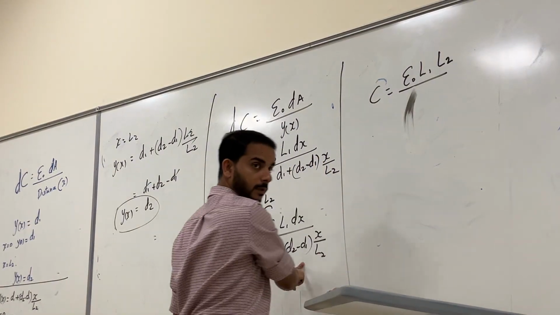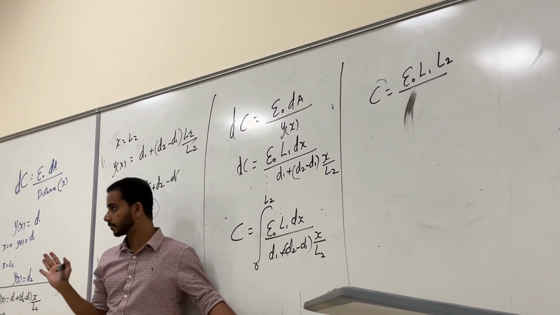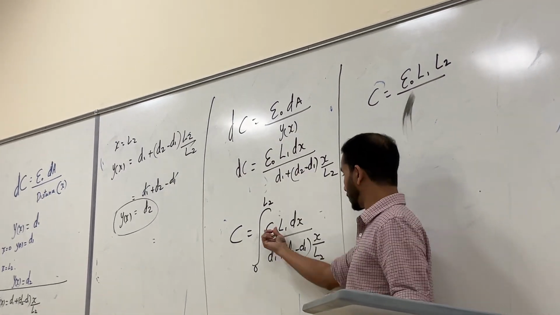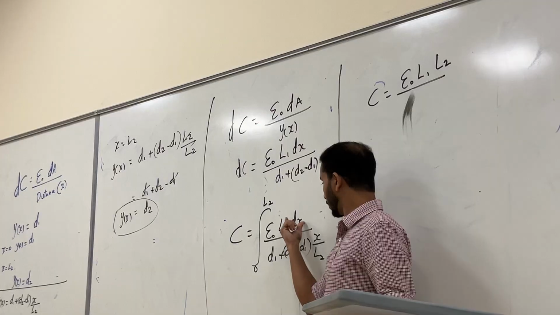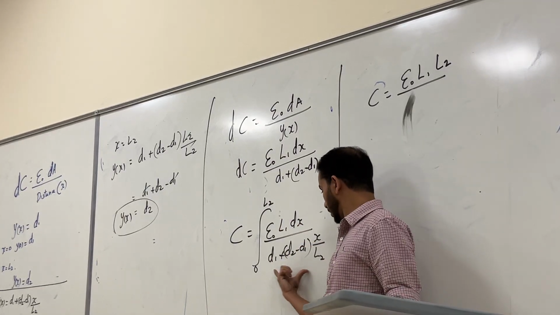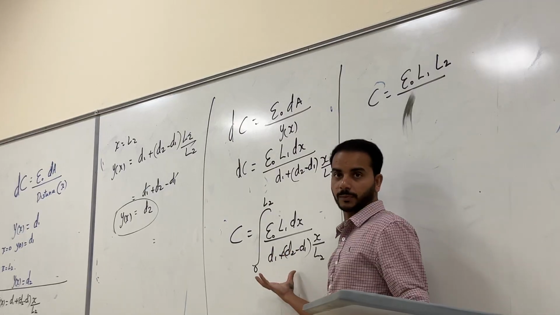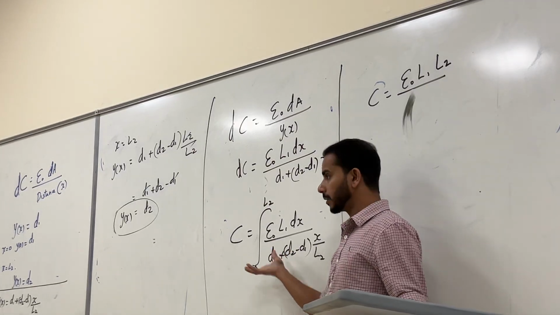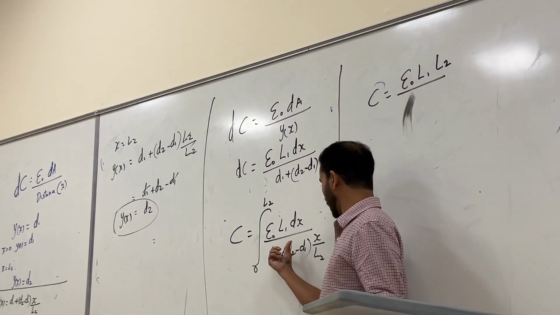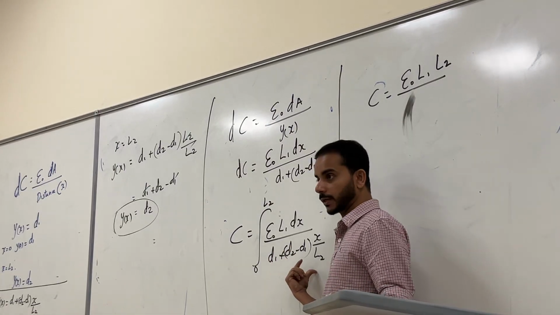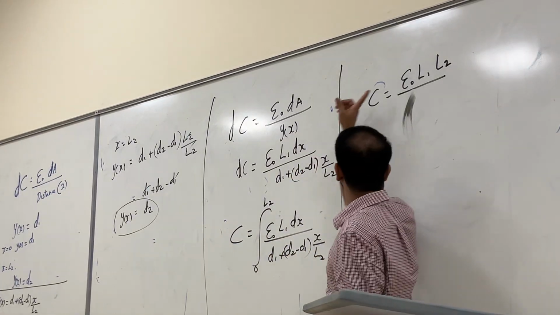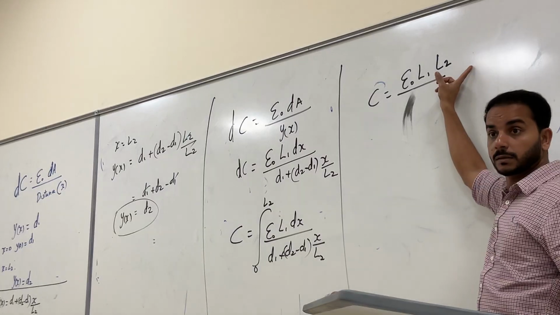This one? Yeah. You can do it multiple ways, right? You can take this outside as a constant, and you have a dx and a function of x, and you can take the whole thing as u or some substitution. The easiest way is that you multiply this with this one, so that you have L2 over L2, right? Then when you take it out, it's just 1 over L2 here, so it will just go up here. Clear?